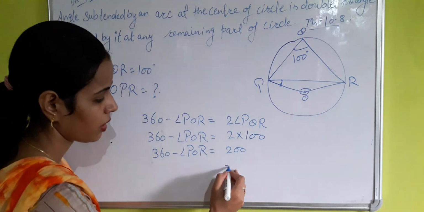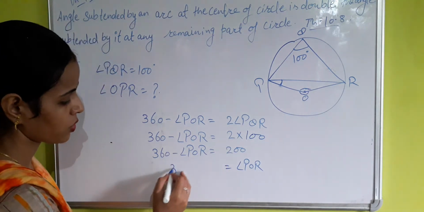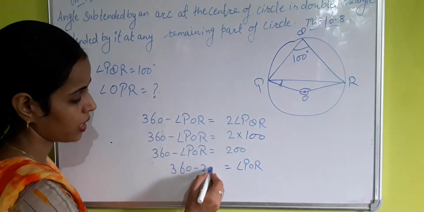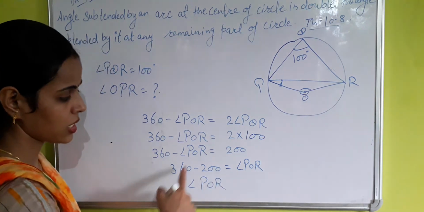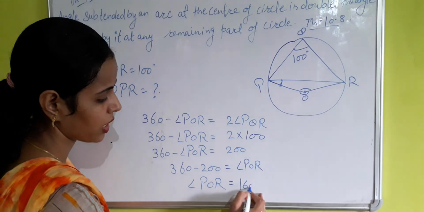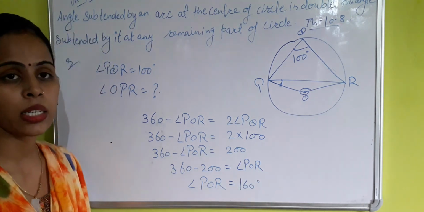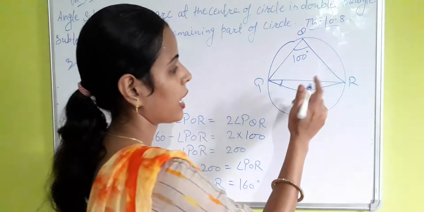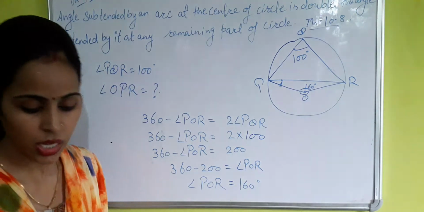Then this 200 comes on this side: 360 minus 200 equals angle POR. 360 minus 200 equals 160. So angle POR equals 160 degrees.